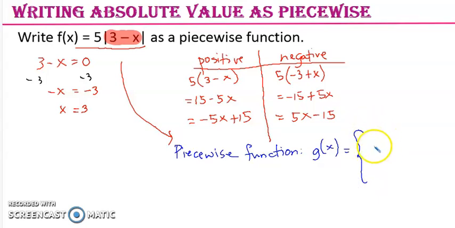One piece is negative 5x plus 15, and the domain is going to be the split.